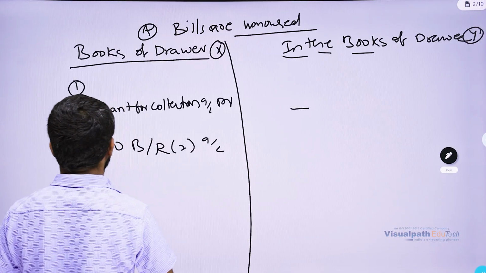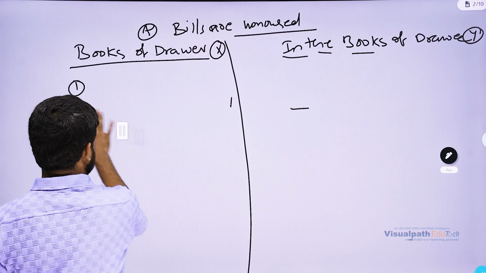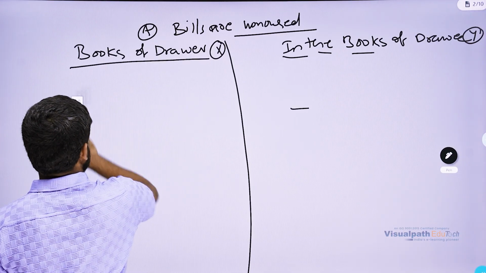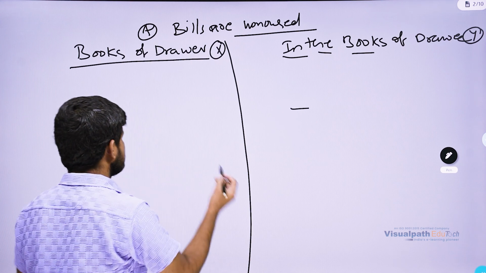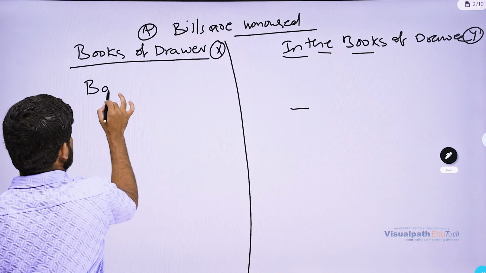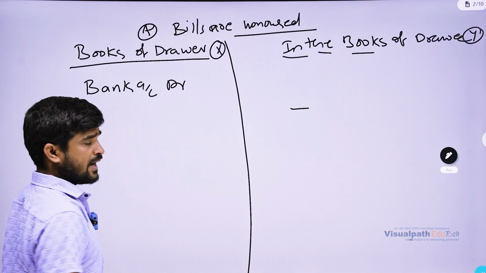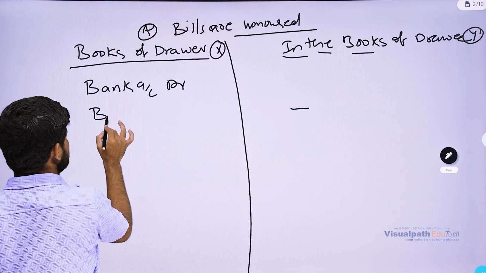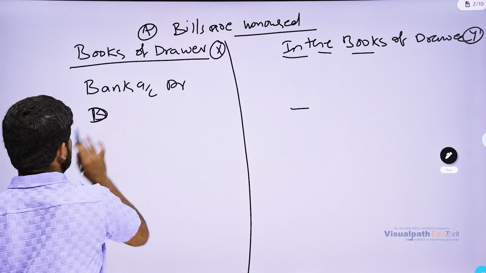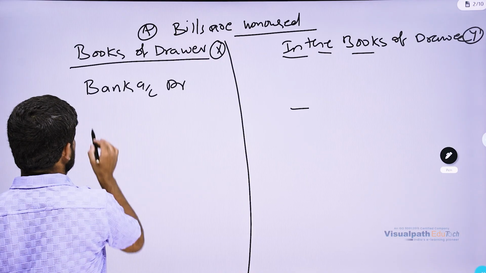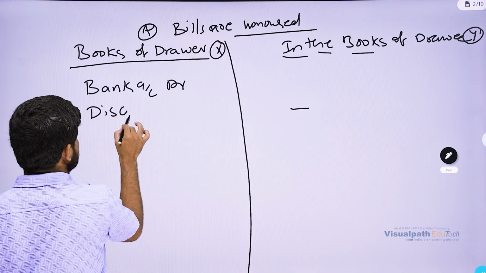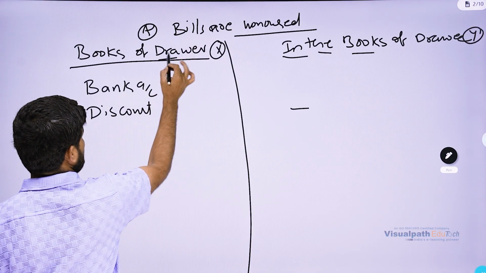Now if you look at this, when the bill is discounted with the bank, what is the entry? When the bill is discounted with the bank, the bank will give the amount immediately. So bank account debit, and whatever the 6% value is, that will be considered as the discount amount. The discount amount will be debited, and this is the discount allowed to the drawer.